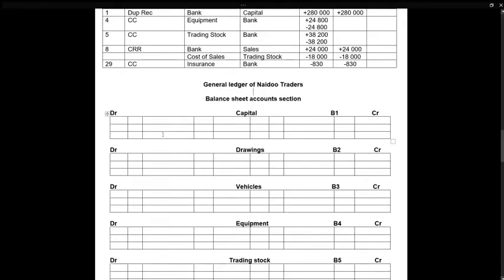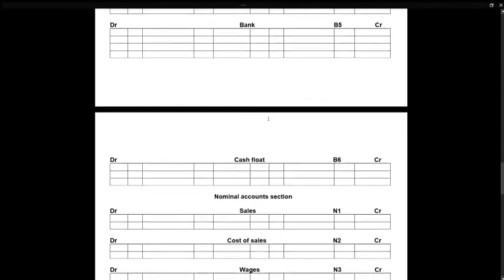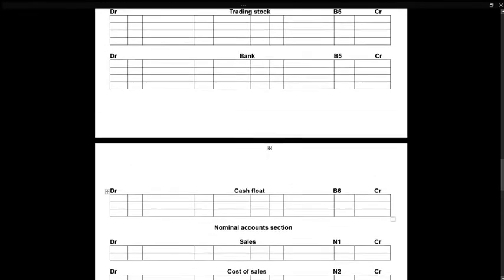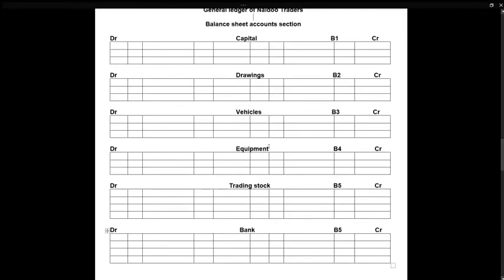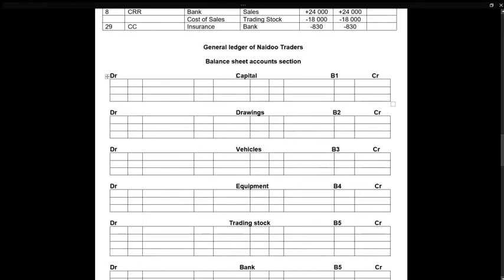Next we are going to do the general ledger of Naidoo Traders. First we're going to do the balance sheet account section, and then of course our nominal account section as well. So the first account that we are going to do will be our capital account.